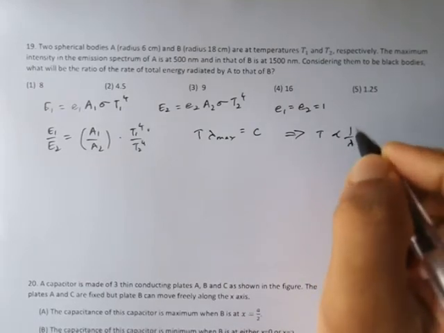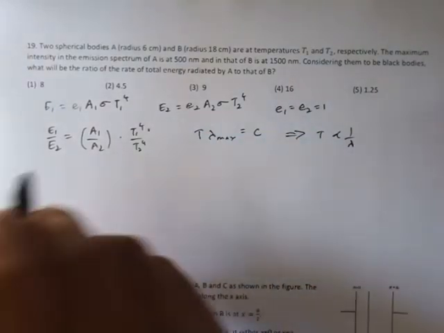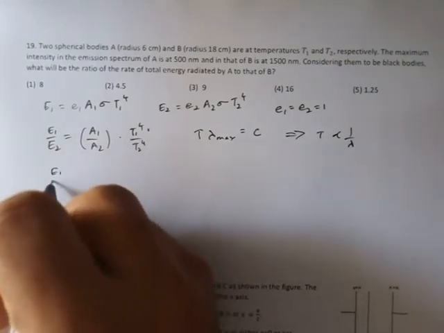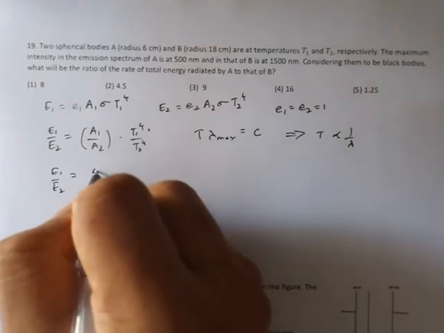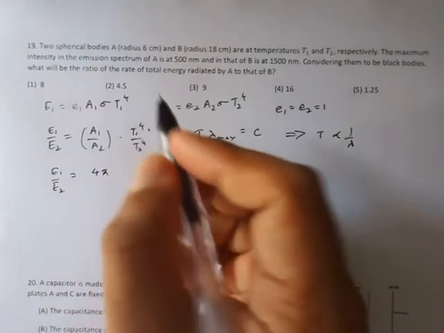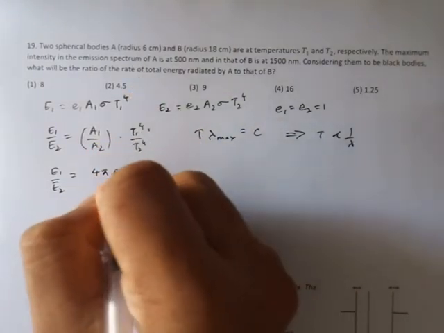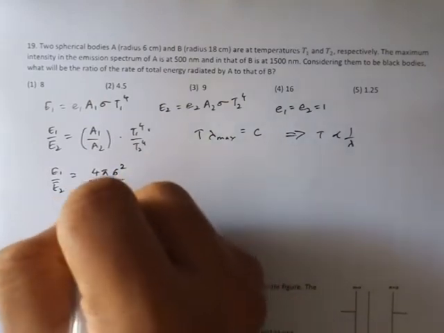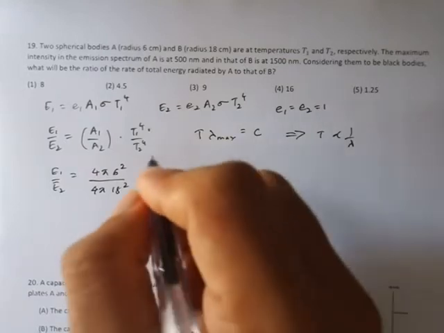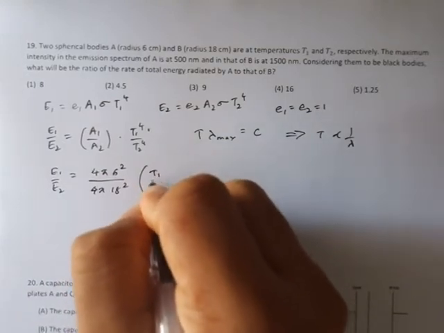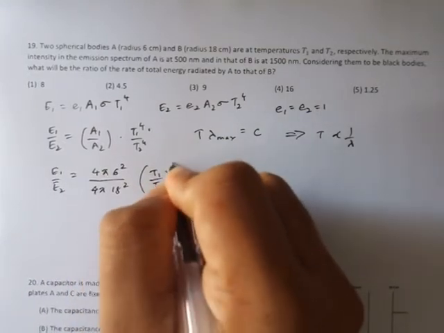lambda. So here I write E1 over E2 is equal, A1 is 4 pi r squared, r is 6, so 6 squared over A2, 4 pi times 18 squared. So here we get T1 over T2 power 4.